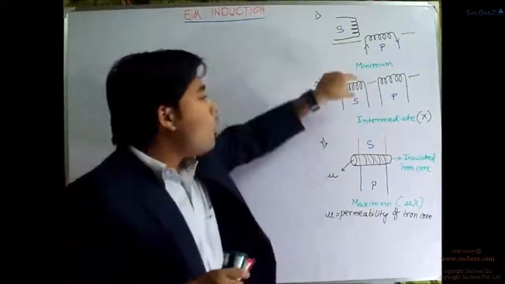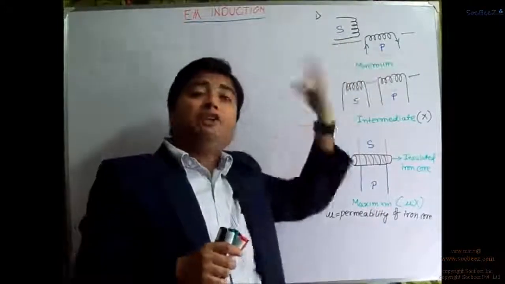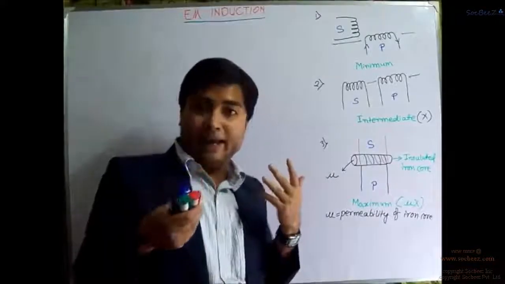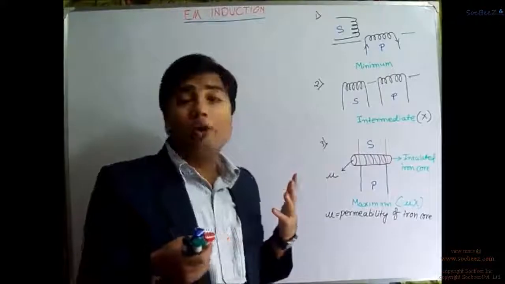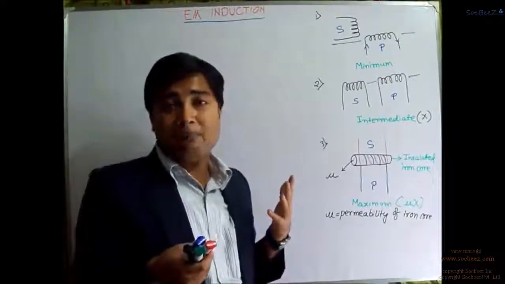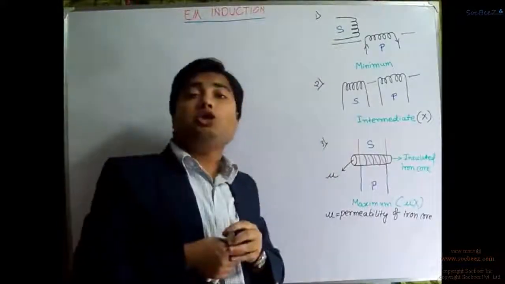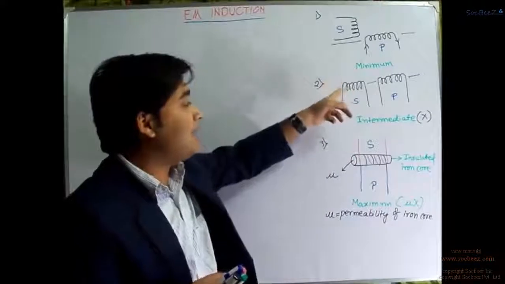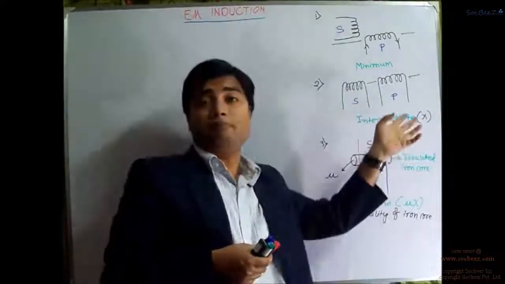So over there the phi will be the maximum, and the rate of change of phi with respect to time will be the maximum again. And as we know, the rate of change of the magnetic flux with respect to time is equivalent to the induced EMF. So the induced EMF will be the maximum.